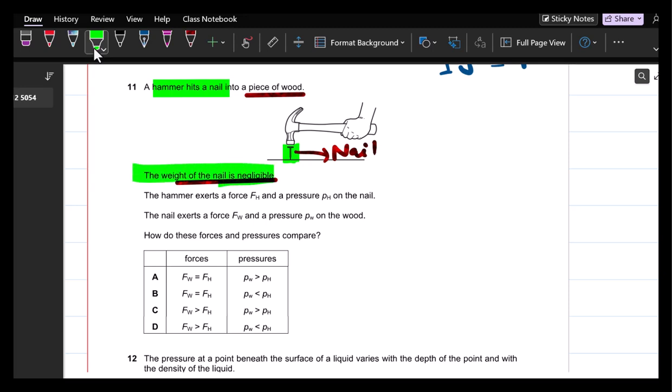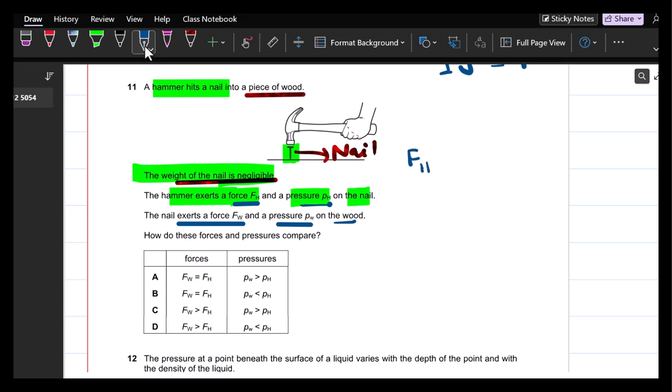The hammer exerts a force FH and pressure PH on the nail. The nail exerts a force FW and pressure PW on the wood. So remember, the forces will be the same.